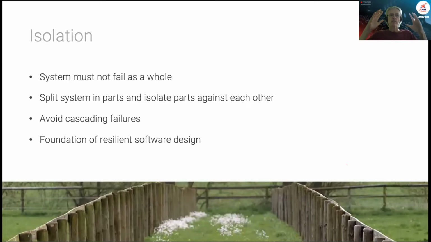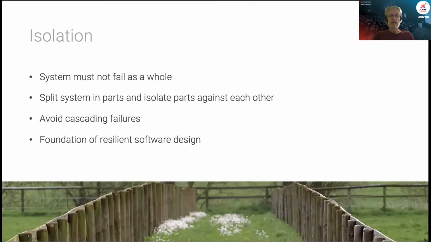It says your system as a whole must not fail. To achieve that goal, you split up your system into several parts and isolate them against cascading failures. So if one part of the system goes down, it does not affect the other parts. That is isolation, basically. It's the basis of fault-tolerant software design and also a foundation of resilient software design.